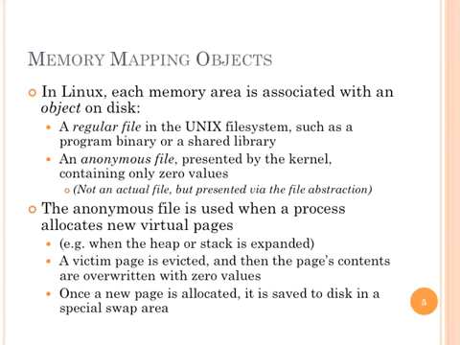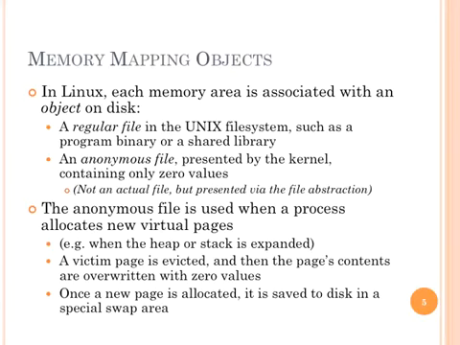I want to memory map a file, or I just want pages, so give me the anonymous file and they're filled with zeros. The thing is that obviously when a page that was from the anonymous file gets evicted, it can't just go back to the anonymous file because it's a virtual thing, it's a fake thing. And so it goes into a swap file or a swap partition. So it goes to some swap device.